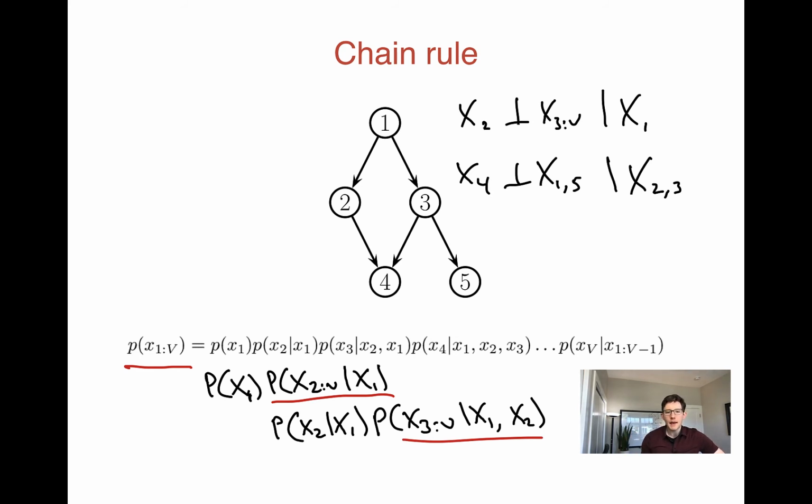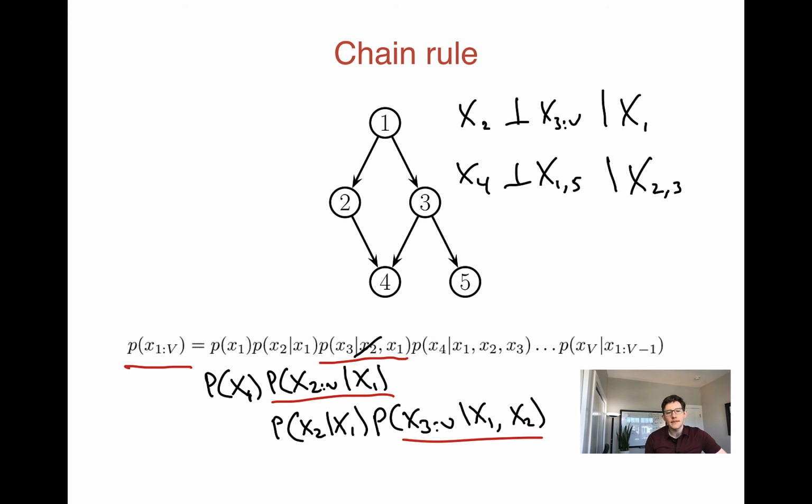Now let's see what happens when I apply this to my chain rule. Let's look at this term here. I said that x3 is independent of everything else in the network given x1, so x3 given x2 and x1 is identical to x3 given just x1.